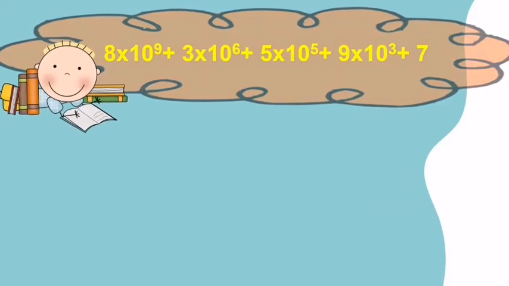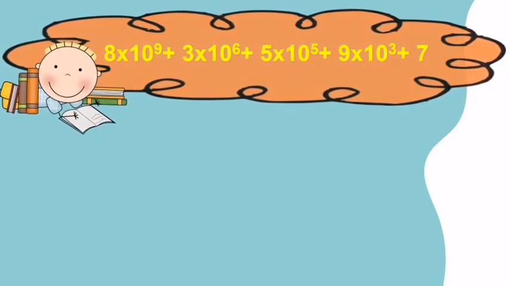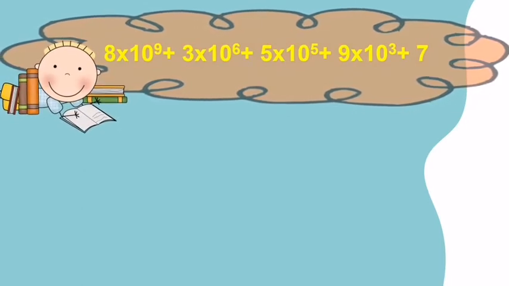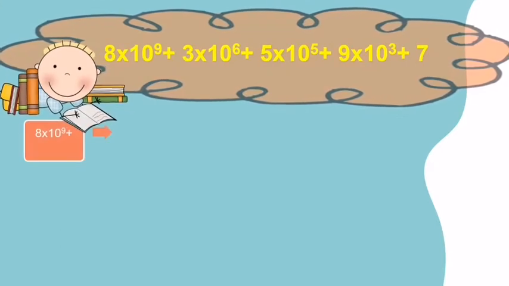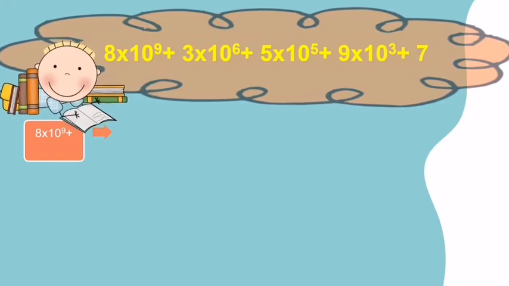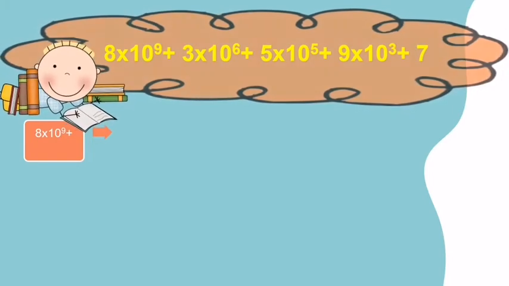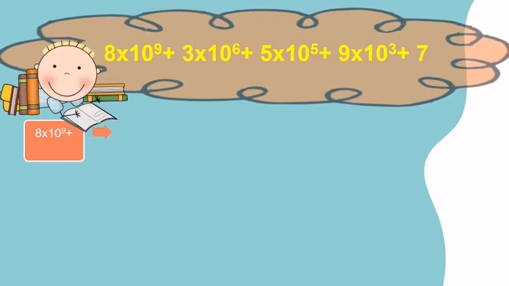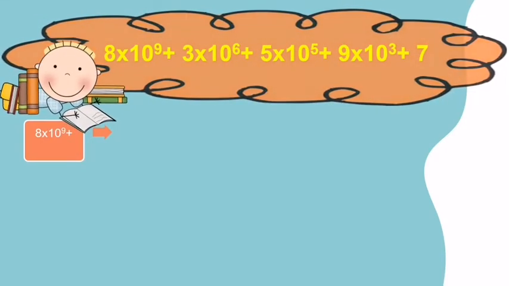We have here a given expanded form of a number, and what you're going to do is to express it into its standard form. So let's begin. That is 8 times 10 to the power of 9. Okay, as you can see here, our exponent is 9 and our base is 10.